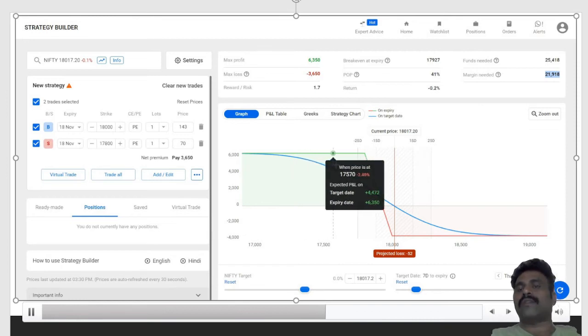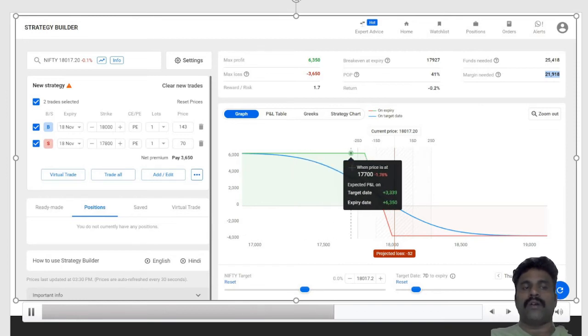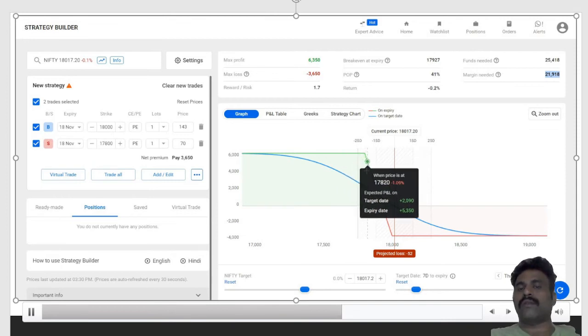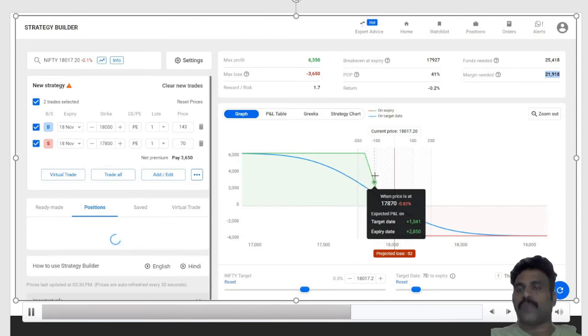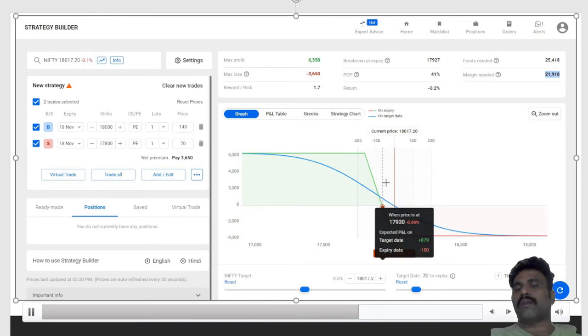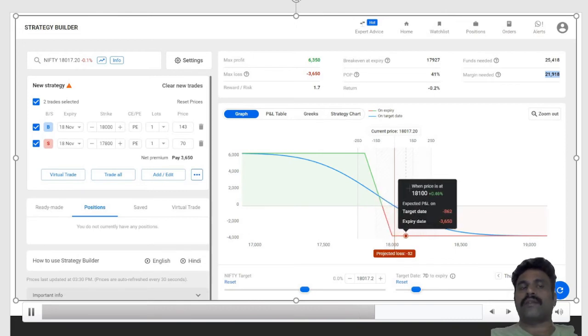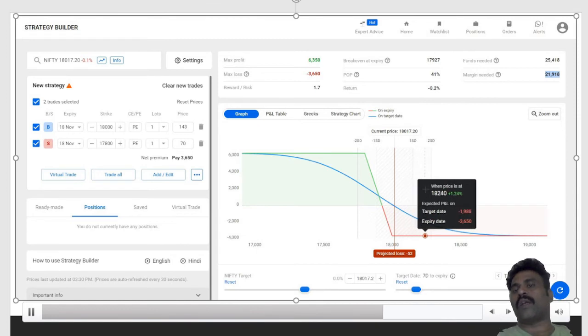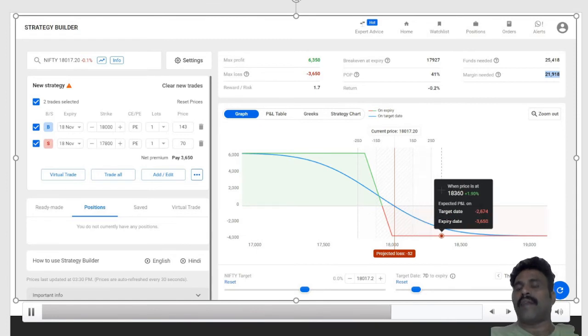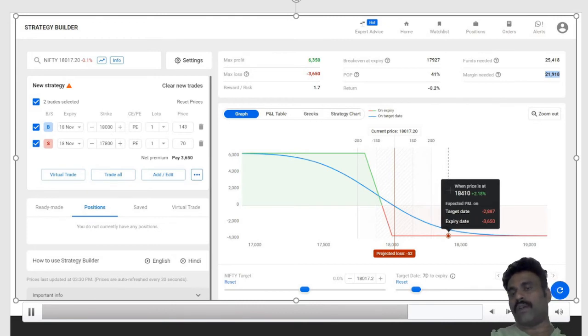This strategy is called bear put spread. The application that I am using to put this particular strategy is called Sensible. You can also use it. You can tag it with your broker and you can directly execute orders from here.